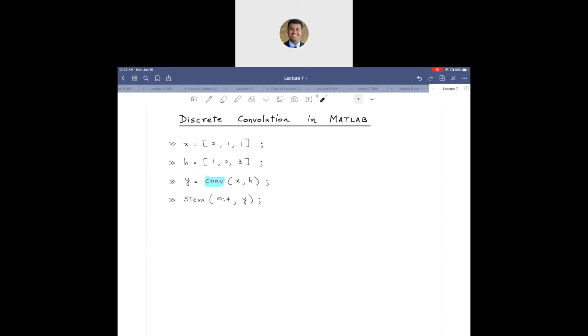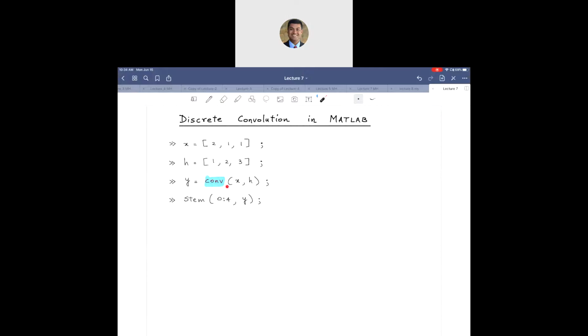I've initialized x as a sequence of discrete variables 2, 1, 1, h as 1, 2, 3, and then y equals conv, which is the convolution operator, x comma h. I'm terminating these MATLAB statements with a semicolon so that they don't echo back the answer inside the command window.